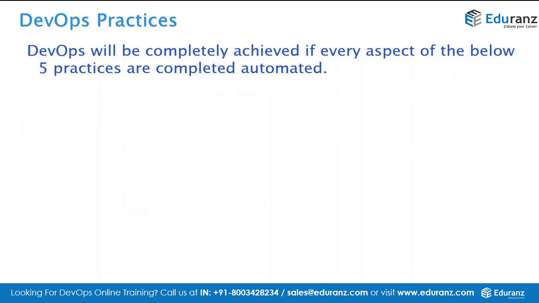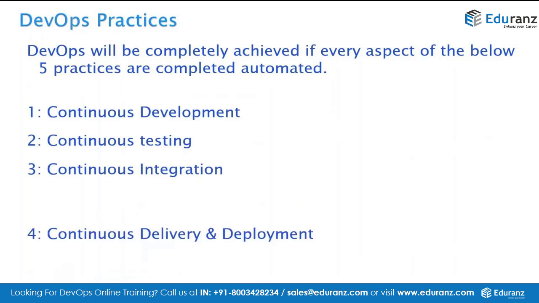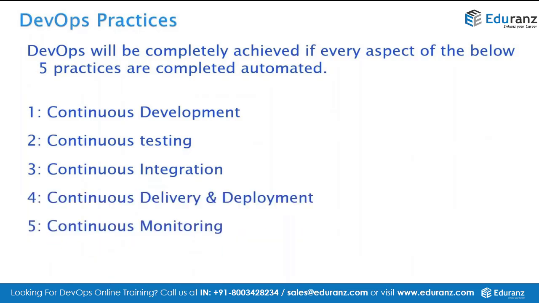So there are 5 practices you need to properly implement if you really want to declare that your project is completely on DevOps: continuous development, continuous testing, continuous integration, continuous delivery, continuous monitoring. These are the 5 phases you always see anywhere you go on the internet. If you implement them, then you are actually on a DevOps based implementation.